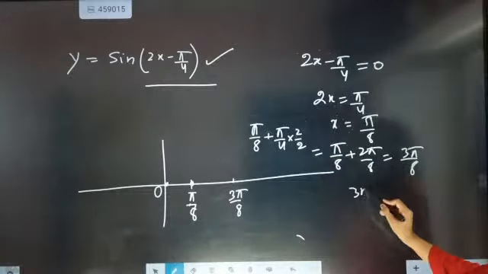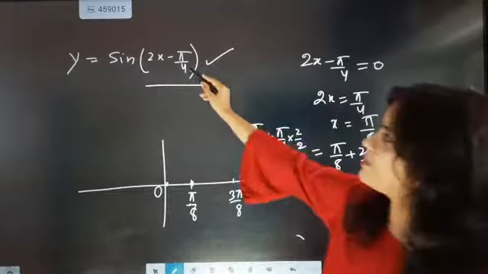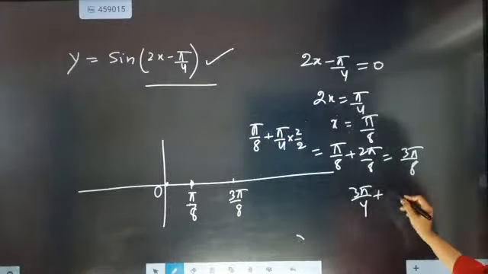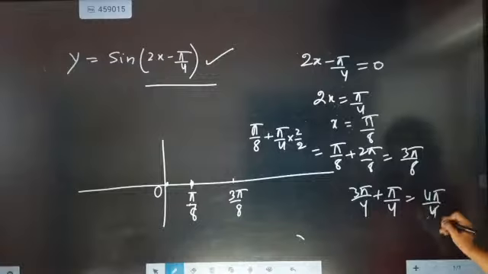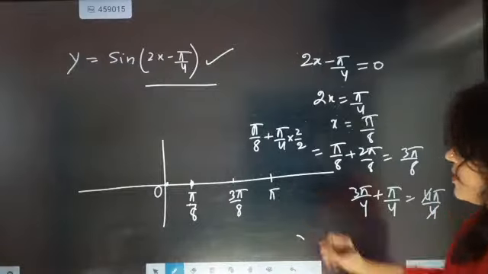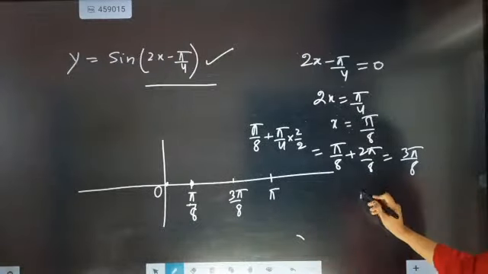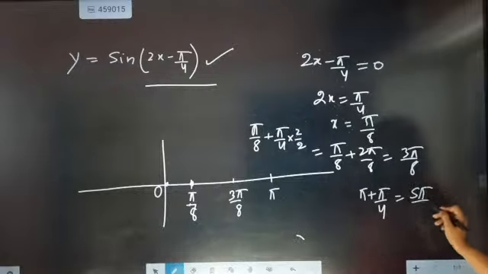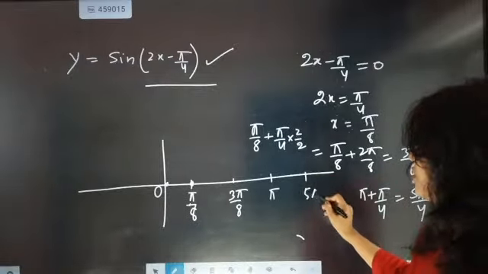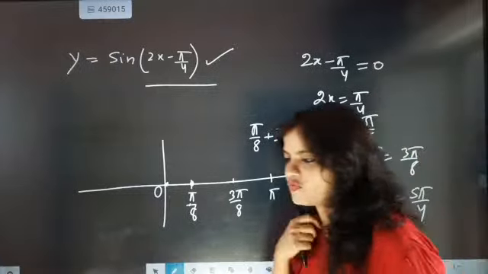Now from 3 pi by 8, the interval is again pi by 4, so again plus pi by 4. It is going to come as 4 pi by 4, that is pi. Now pi plus pi by 4 again you add. It is going to come as 5 pi by 4. So you got all the 3-4 intervals that you were wanting.